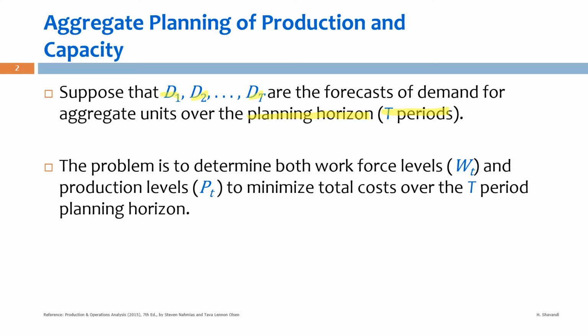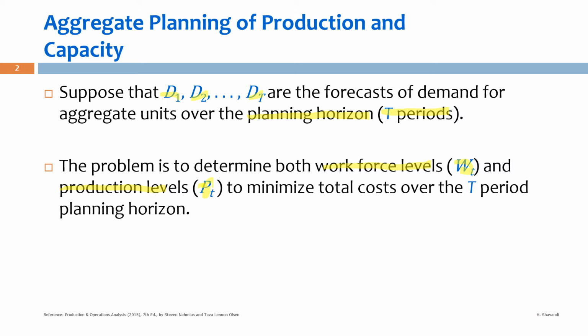And now in aggregate planning, we are going to obtain Wt as the workforce levels at each period and also production levels, Pt. So we show the workforce levels with Wt and production levels with Pt.